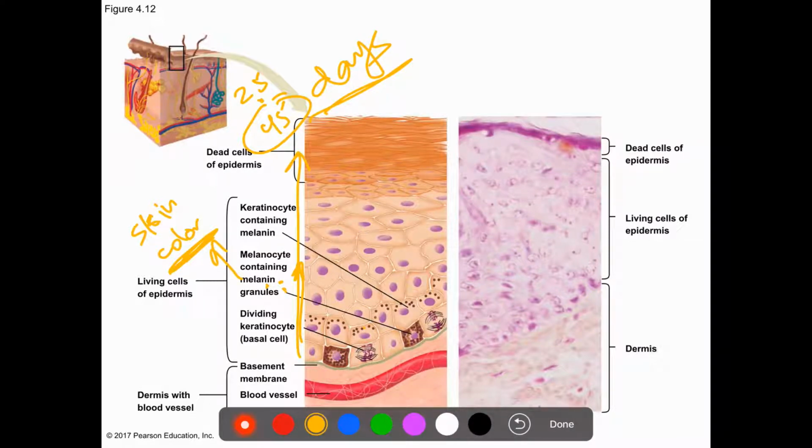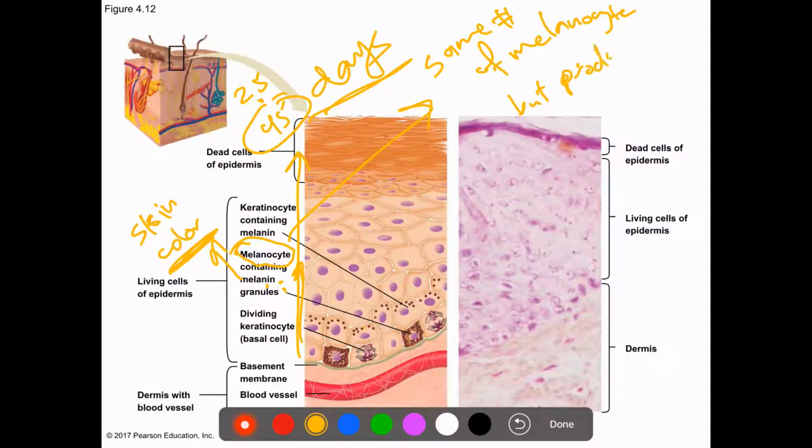However, both types of people have the same number of melanocytes. So all of us have the same number of melanocytes, but these melanocytes produce different amounts of melanin, and that's why we have different skin colors.